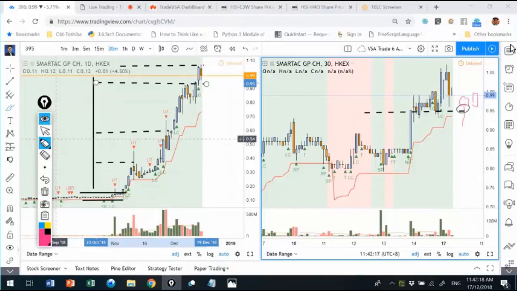Okay, so this is usually how I do it. By looking overall at daily charts, make sure it's an uptrend, because in cases like this we still prefer to trade long rather than short. And then switch to hourly and 30 minutes to look for potential entry based on support and resistance.